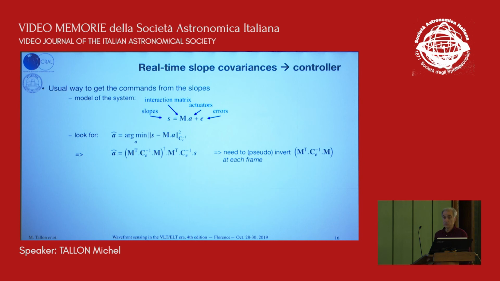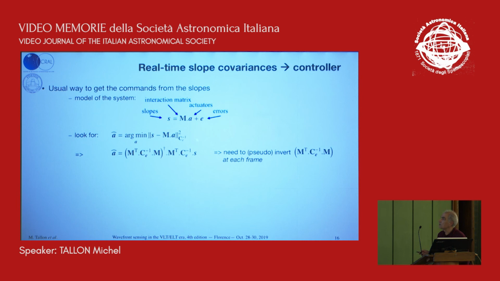So now, how to use that in a controller? Usually, when you compute the command matrix, you start with the model of the measurements. So you have actuators, the interaction matrix, which gives you slopes with errors. And you want to minimize the cost function.